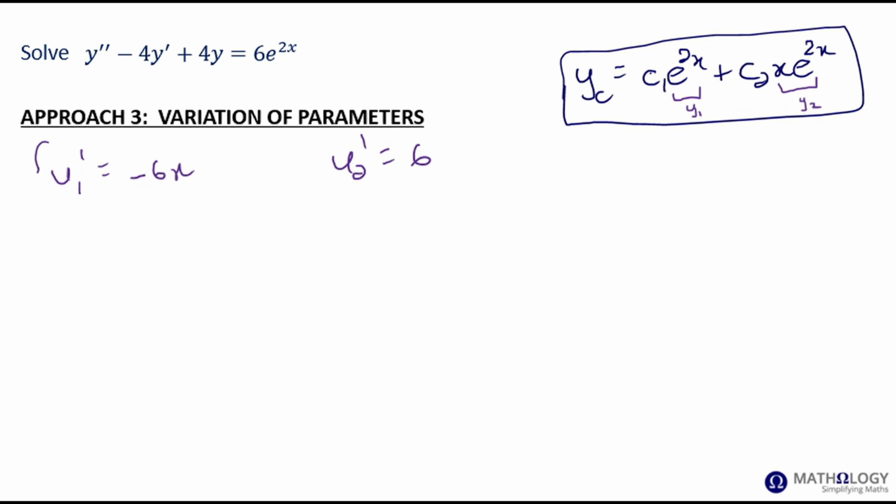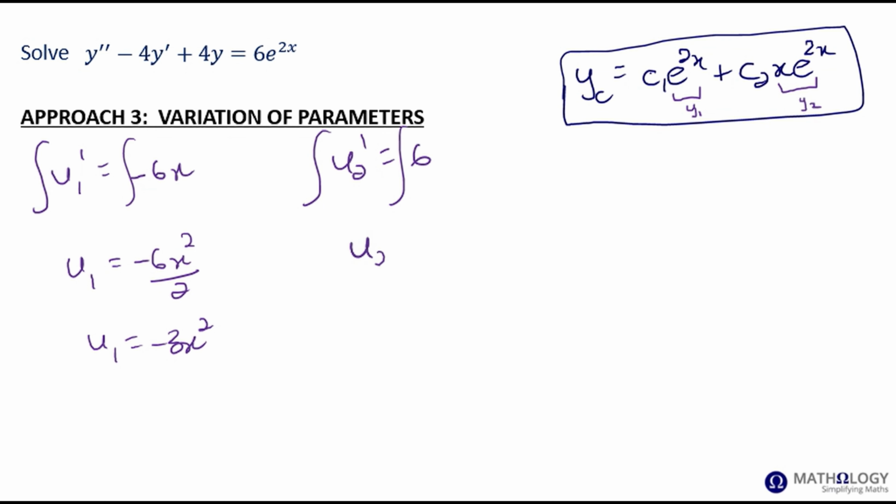We're now going to integrate both of these expressions. So u1 equals minus 6 x squared over 2. So u1 will be minus 3x squared, and u2 will be 6x.